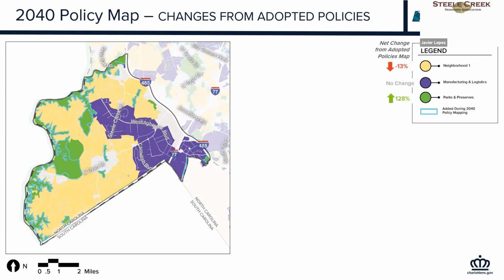Because we could be saying, well, we're really expanding parks and preserves. That would account for the decrease in maybe another place type. And so I don't know that would be an accurate representation. I'm giving you a specific example here for that.